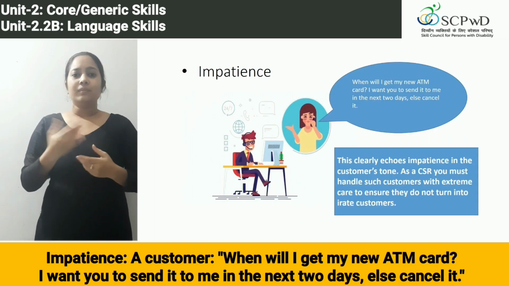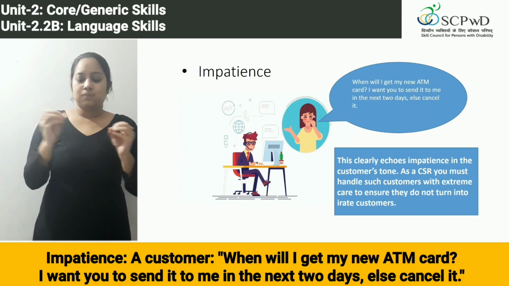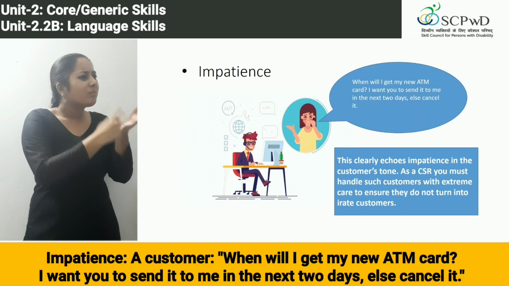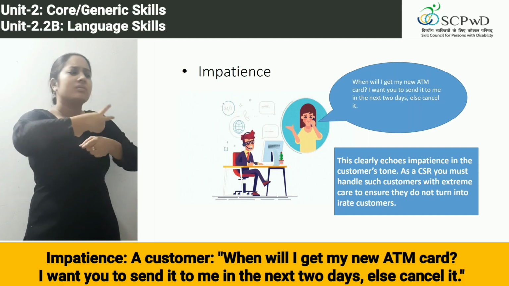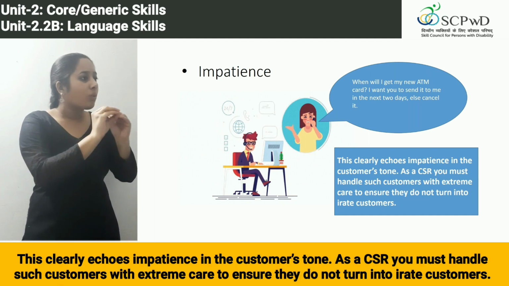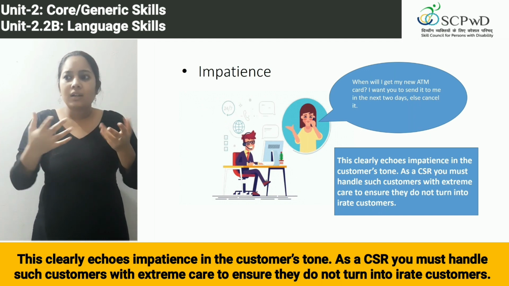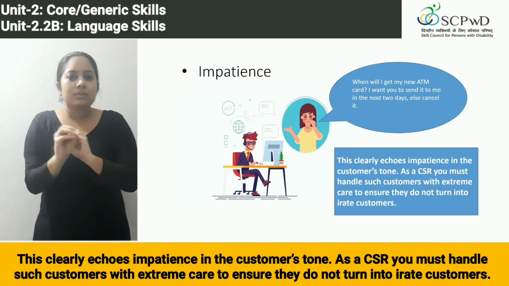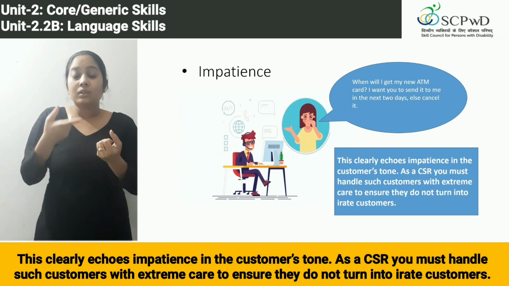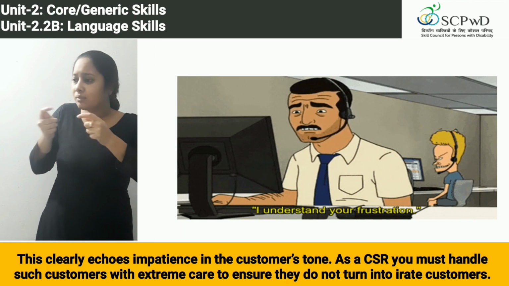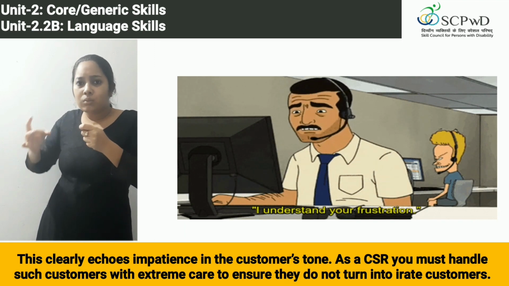Impatience. A customer: When will I get my new ATM card? I want you to send it to me in the next 2 days, else cancel it. This clearly echoes impatience in the customer's tone. As a CSR, you must handle such customers with extreme care to ensure they do not turn into irate customers.